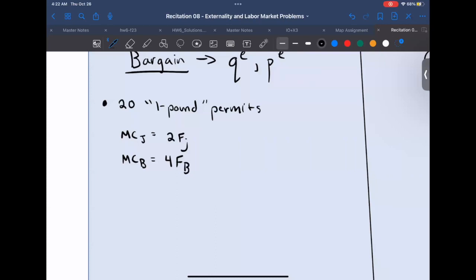So what I mean by that is that whenever we're trying to figure out cap and trade, in this case, will they trade the permits to each other? You want to compare the profit that Jerry makes versus the profit that Ben makes.